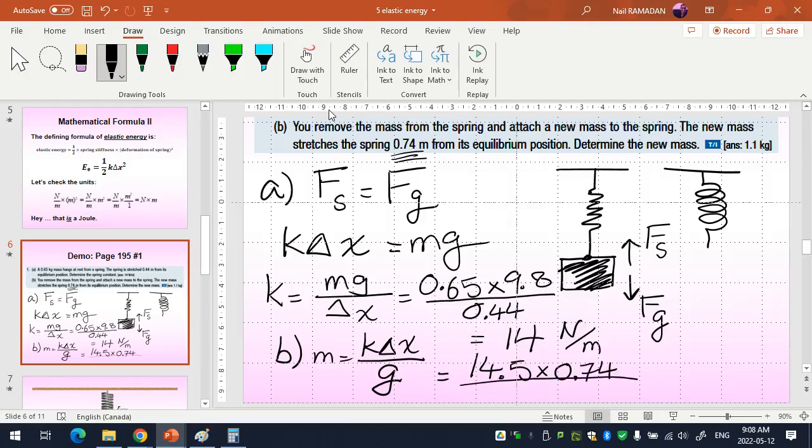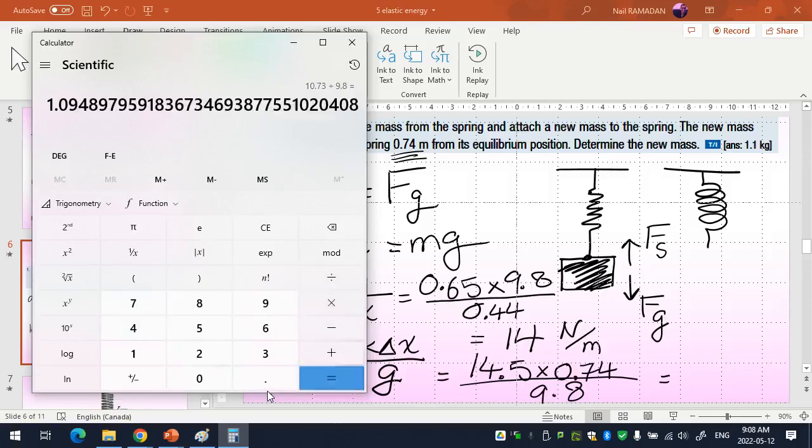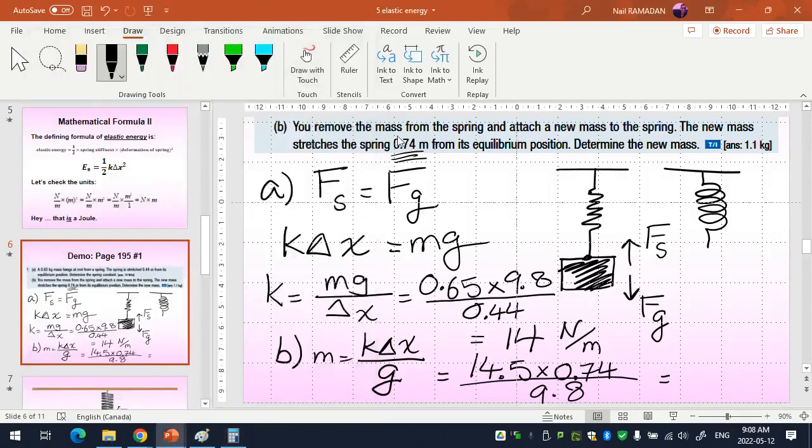All divided by 9.8. 14.5 times 0.74 divided by 9.8 equals 1.1. 1.1 what? What's the unit? Mass, so it has to be kilograms.